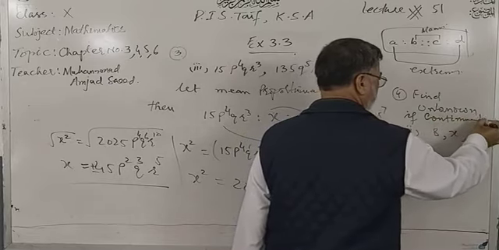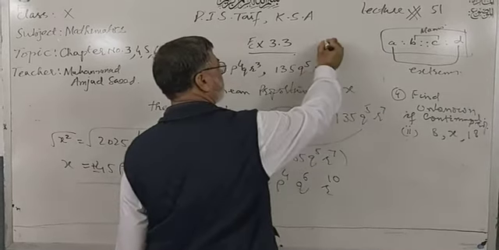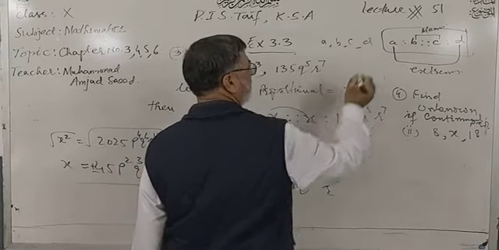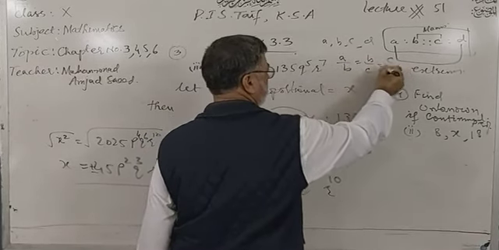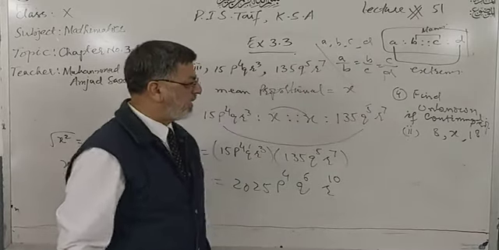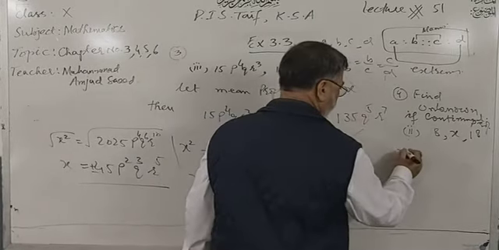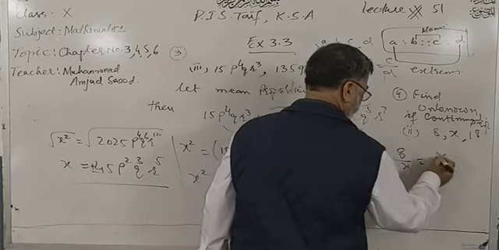Remember that continued proportion, what is meant by continued proportion? A, B, C, D. Continued proportion means A over B is equal to B over C is equal to C over D, like that. Here you can write down 8 over x is equal to x over 18.